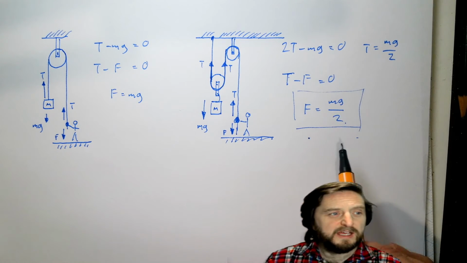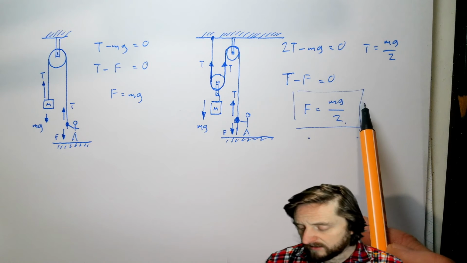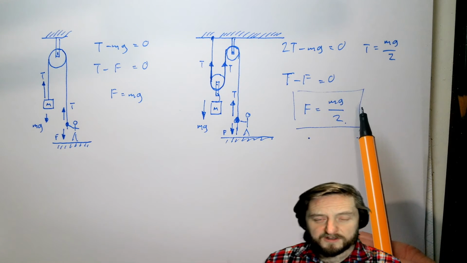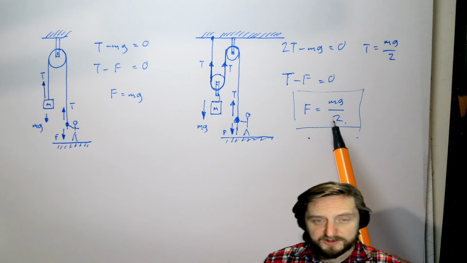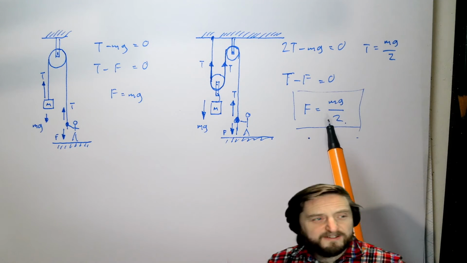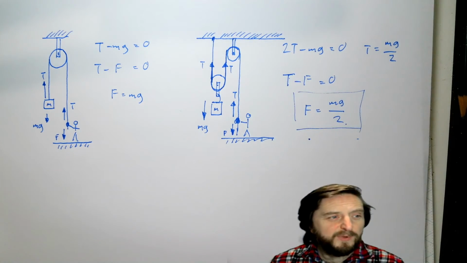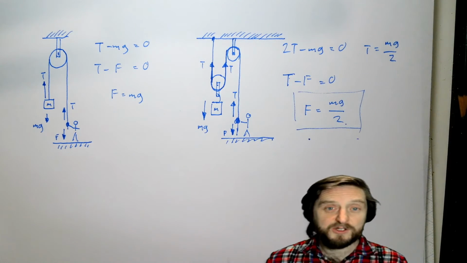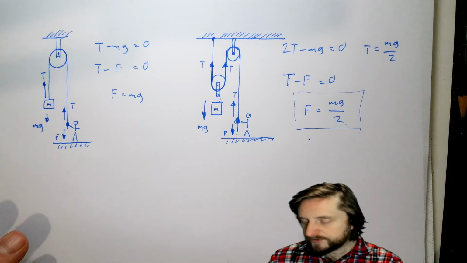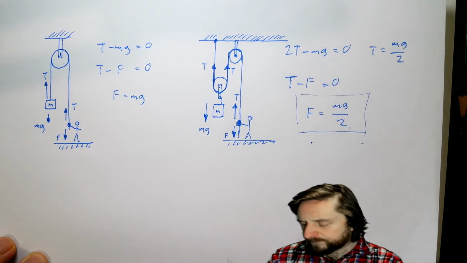There is something you have to give up in order to be able to do this. But we'll save that for later when we're talking about energy. For the moment, this is one of the main purposes of pulleys, is to give you extra force.